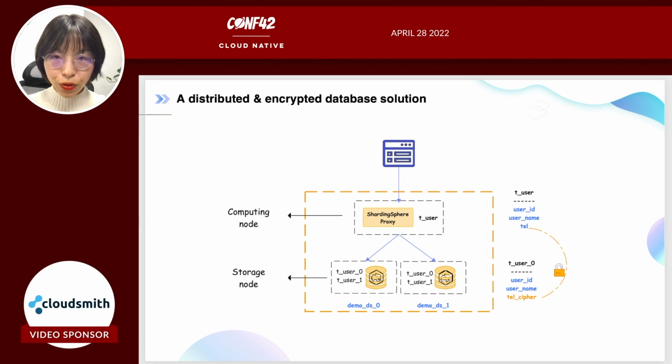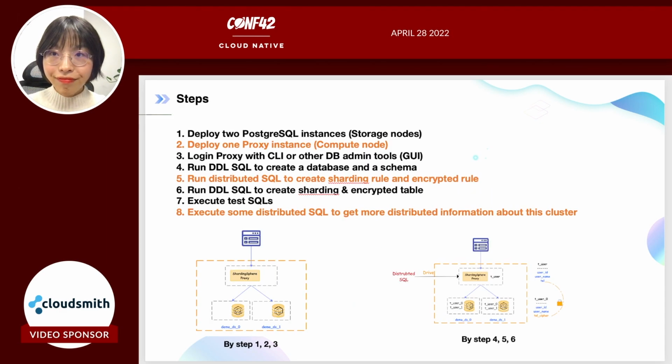Then, how to achieve that goal, or how to create this solution? Well, I gave the basic steps about how to create that cluster. First, you need to prepare your storage nodes, that is the two PostgreSQL instances. Second, you need to deploy one proxy. Also, you can deploy many proxies.